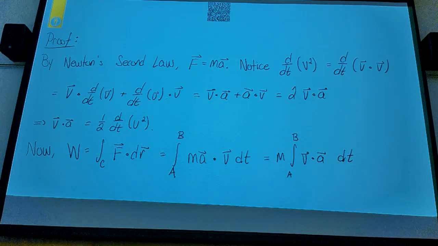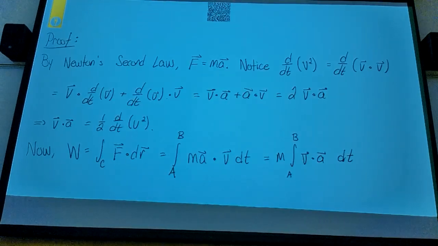Rearrange, you're left with v dot a dt. But we just said v dot a is a half d dt of v squared.